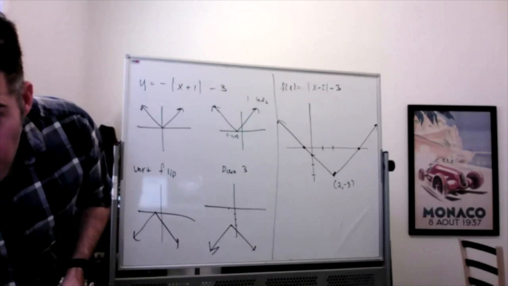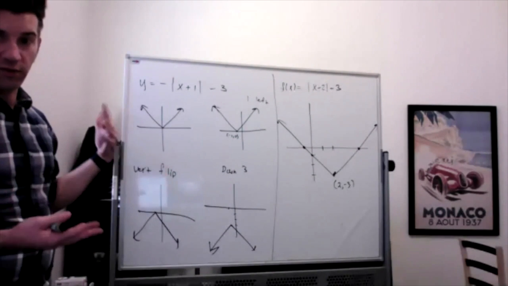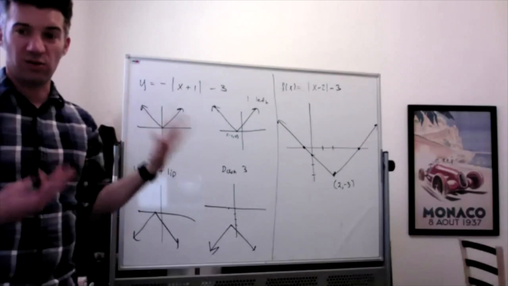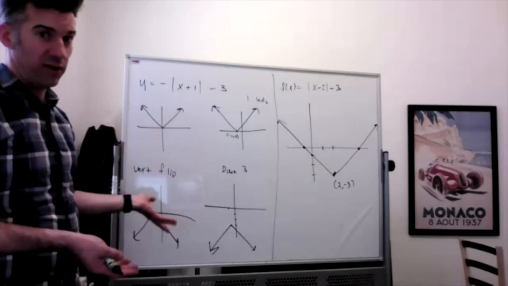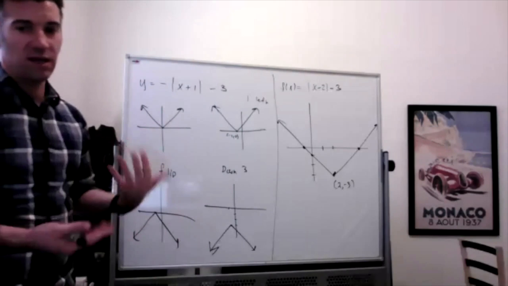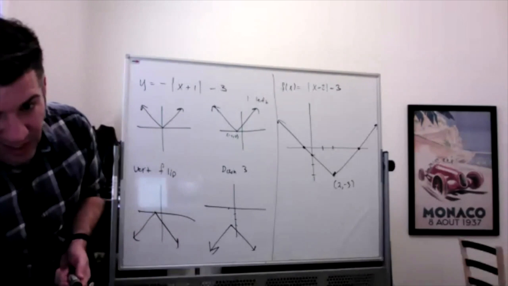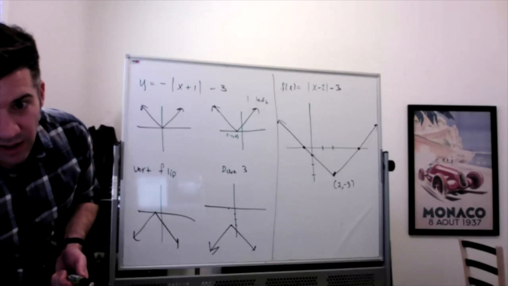So the order that you do things in, if you have shifts and/or reflections, is first you do a horizontal shift, then a horizontal flip, then a vertical flip, then a vertical shift. And to me, that's always the order. Some people like to do things slightly differently, but I feel like it always works best if we do that.